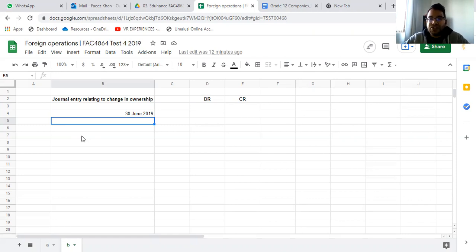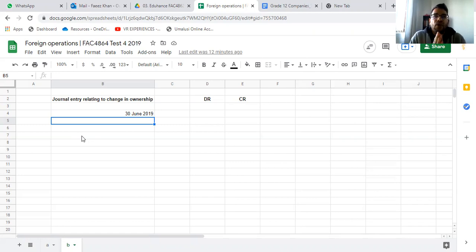So what is our starting point? The starting point has nothing of the foreign sub. Typically the starting point would have 100% of the foreign sub, but in this case the starting point is 0 of the foreign sub. So that means we need to bring in the foreign sub. That is the critical part.